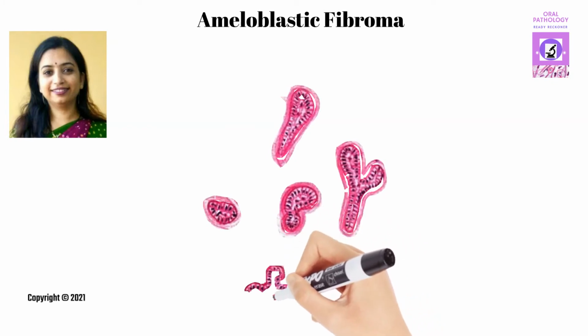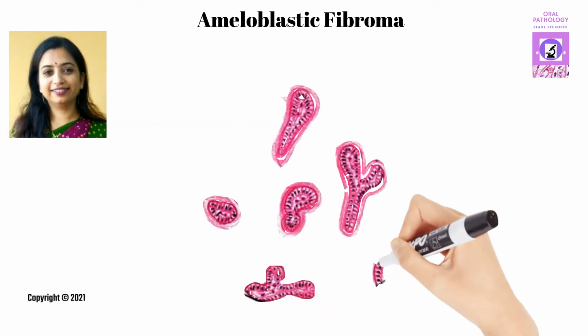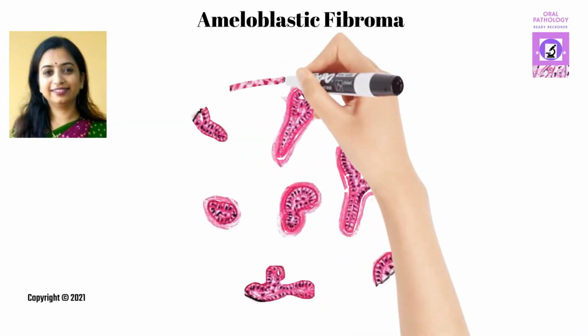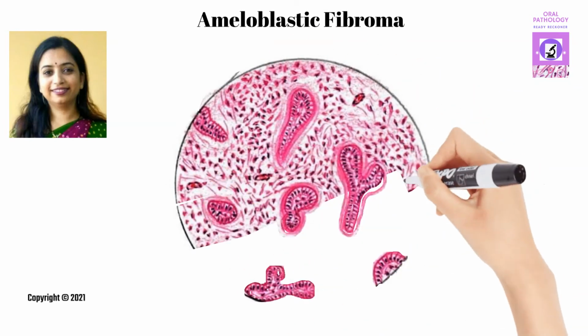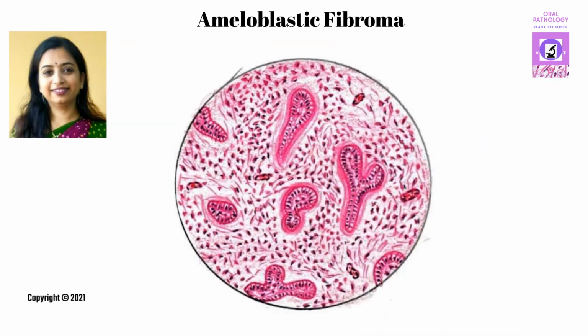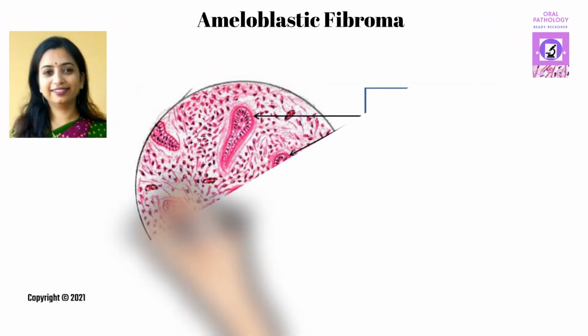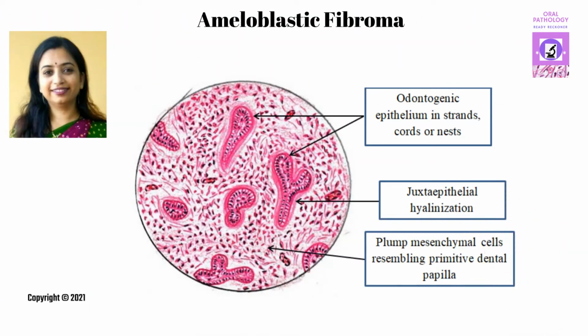Surrounding connective tissue is composed of round, angular, and spindeloid ectomesenchymal cells resembling dental papilla. Thin, delicate collagen fibrils can be seen in between these highly cellular ectomesenchymal components. So, ameloblastic fibroma is histologically marked by the presence of proliferating odontogenic epithelium as well as the odontogenic ectomesenchyme.